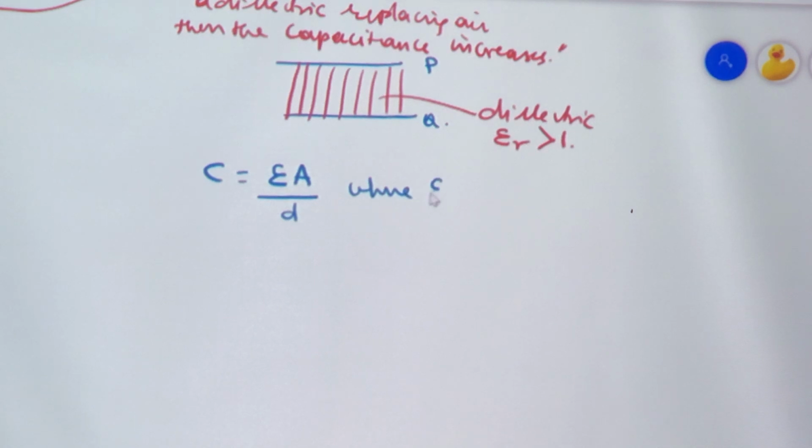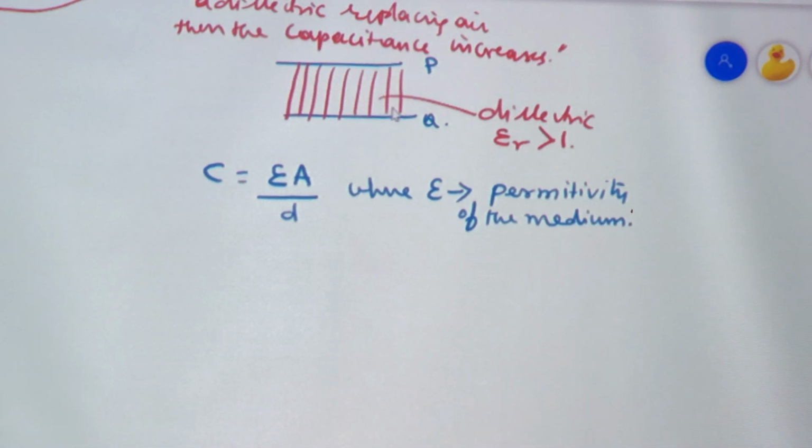What is epsilon? Epsilon is the permittivity of the medium, that is, the dielectric medium. But we know that epsilon is equal to epsilon 0 into epsilon r. Therefore, let us write the capacitance after introducing the dielectric as C dash.